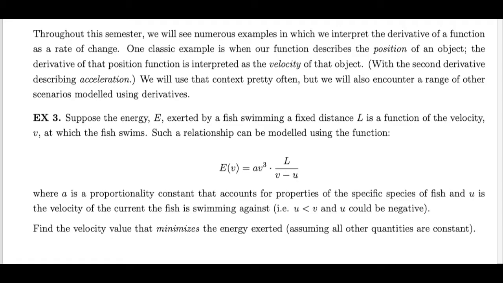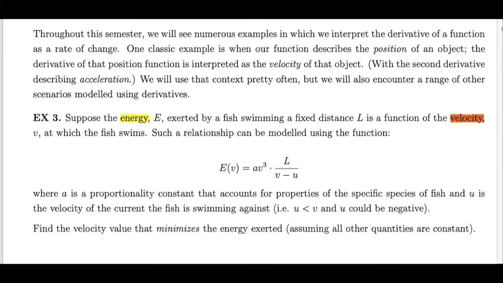In example 3, it says we're going to suppose that the energy exerted by a fish, which is swimming a fixed distance L, is a function of the velocity at which the fish swims. So just to pause and wrap my head around this, I've got a dependent variable, energy, and that is dependent on velocity.